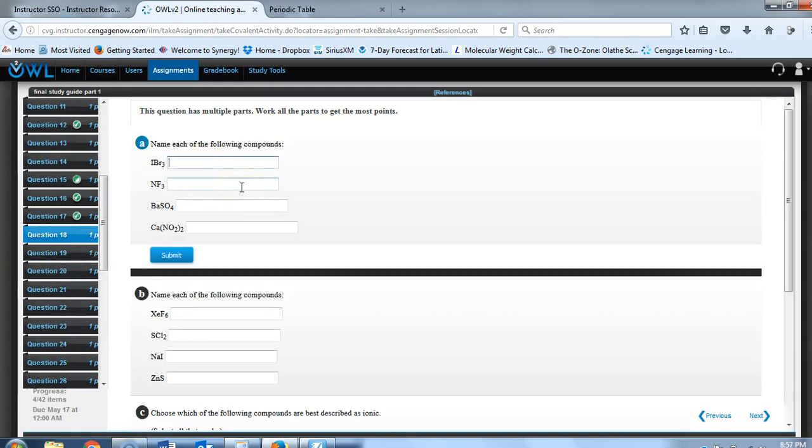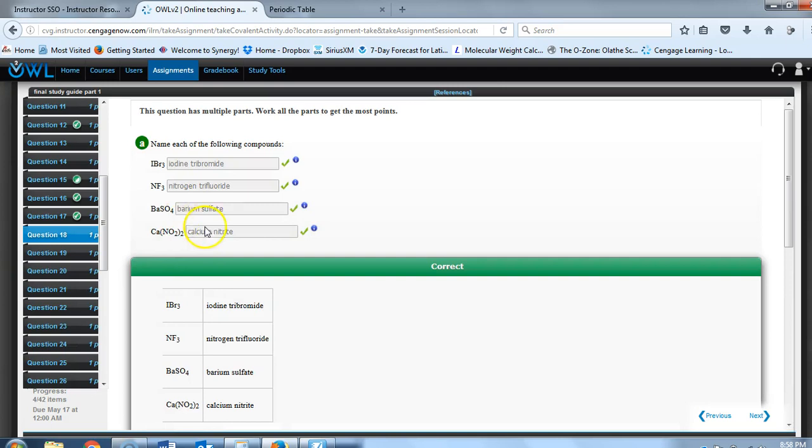All right, now we've got covalent compounds. Iodine tribromide, nitrogen trifluoride. Notice I'm not putting a mono in there. Barium sulfate, calcium nitrite, because it's NO2 instead of NO3.